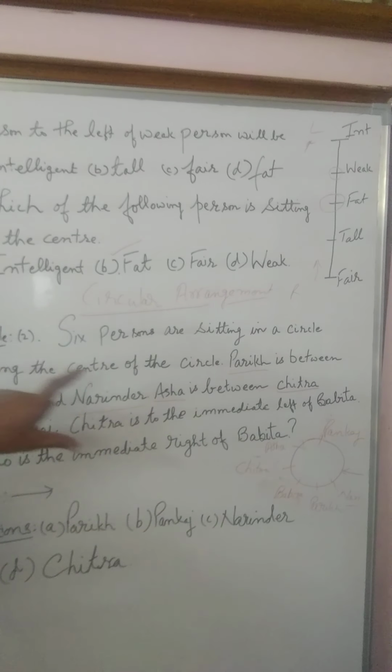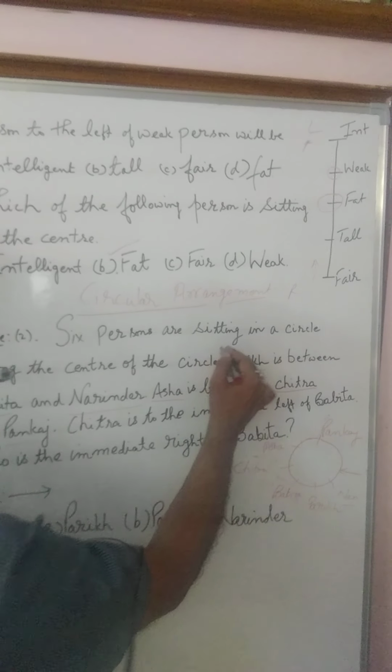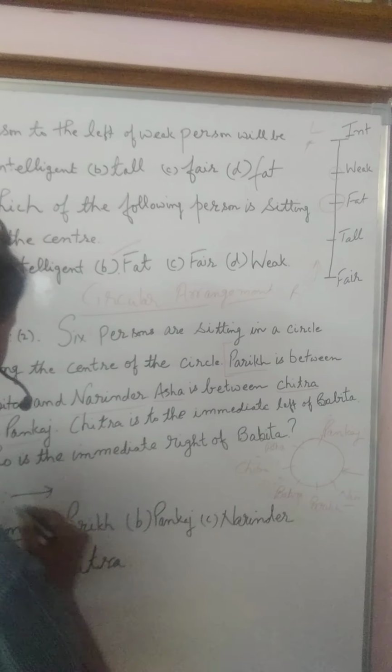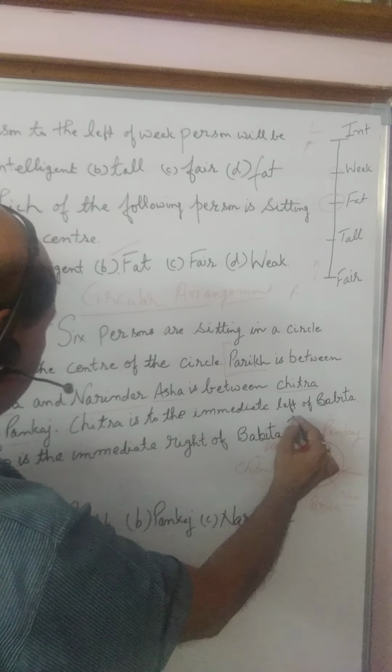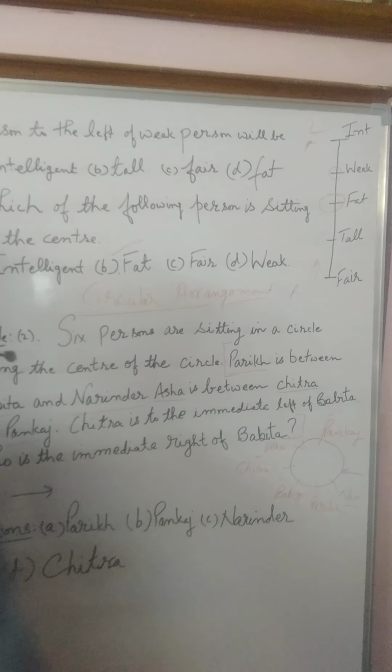By reading these lines very carefully, from here to here, we will come to the exact location of the sitting of these persons. First we have to fix a person. That is the important thing.